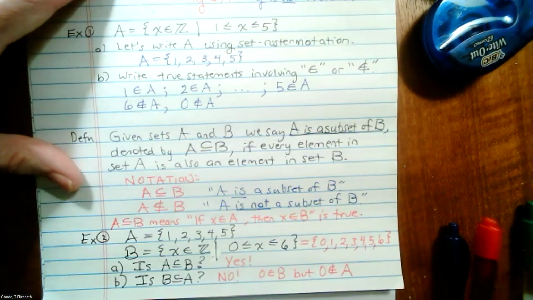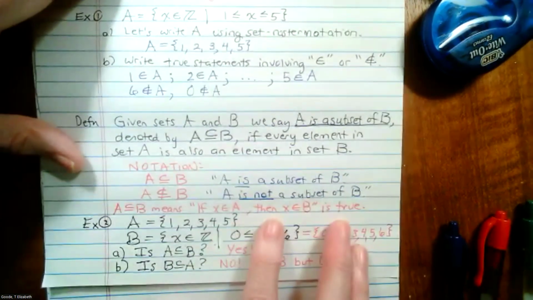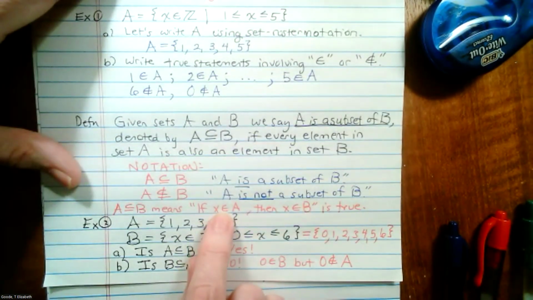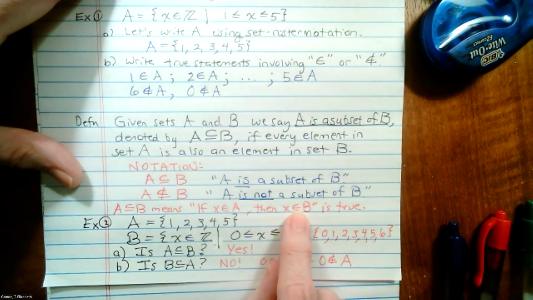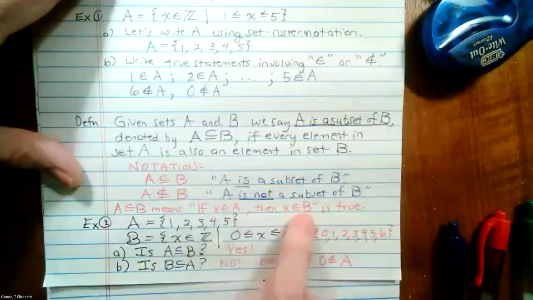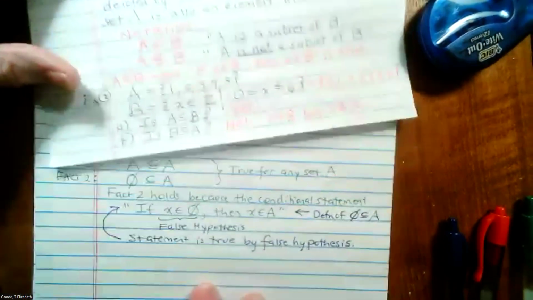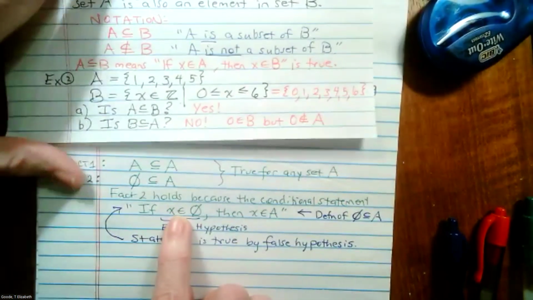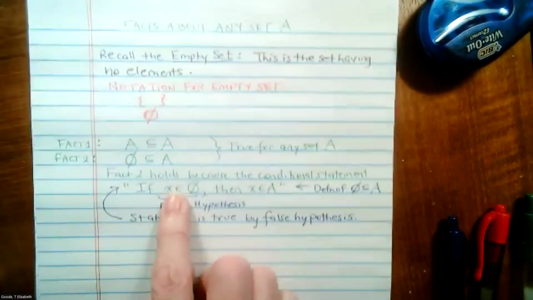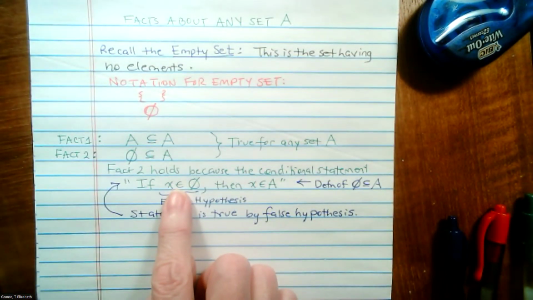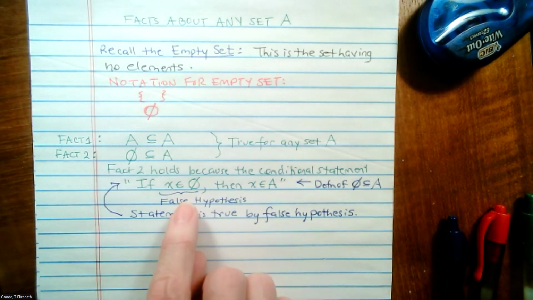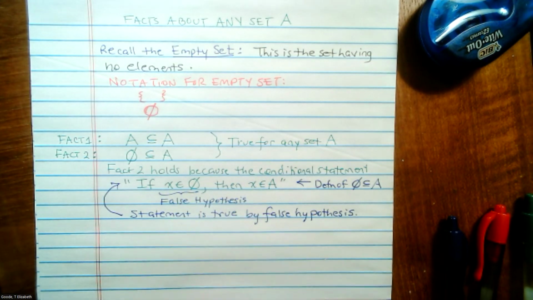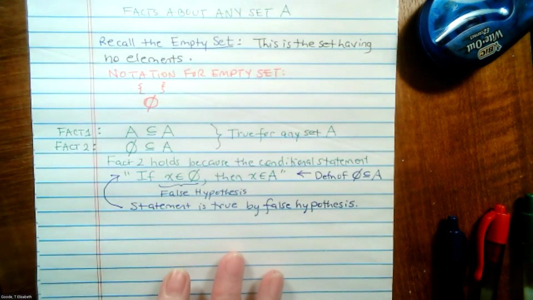That's what it means to say that A is a subset of B. It means that for every element in set A, that element has to be in B. Well, this if-then statement is true when we're looking to see if X is an element of the empty set, then X is an element of A, because X is an element of the empty set is false, so the statement is true by false hypothesis.